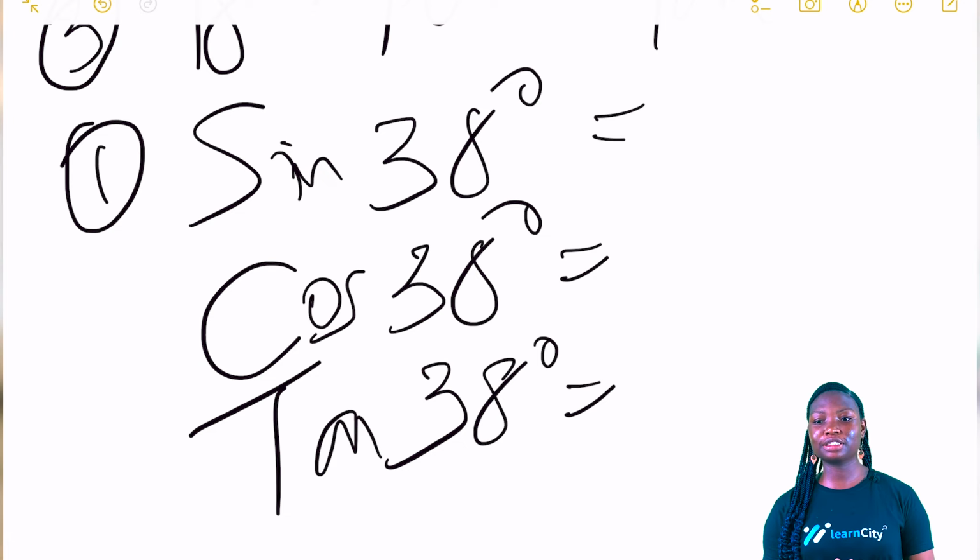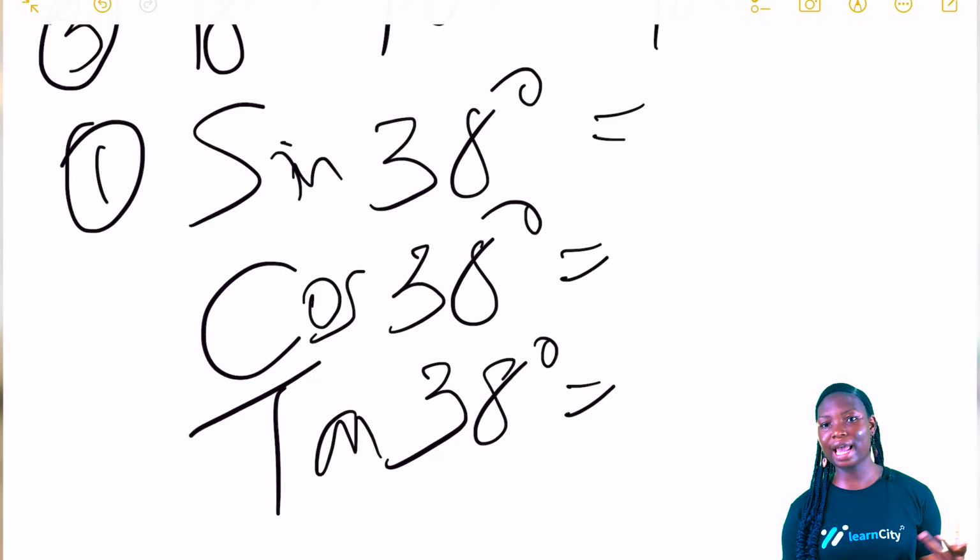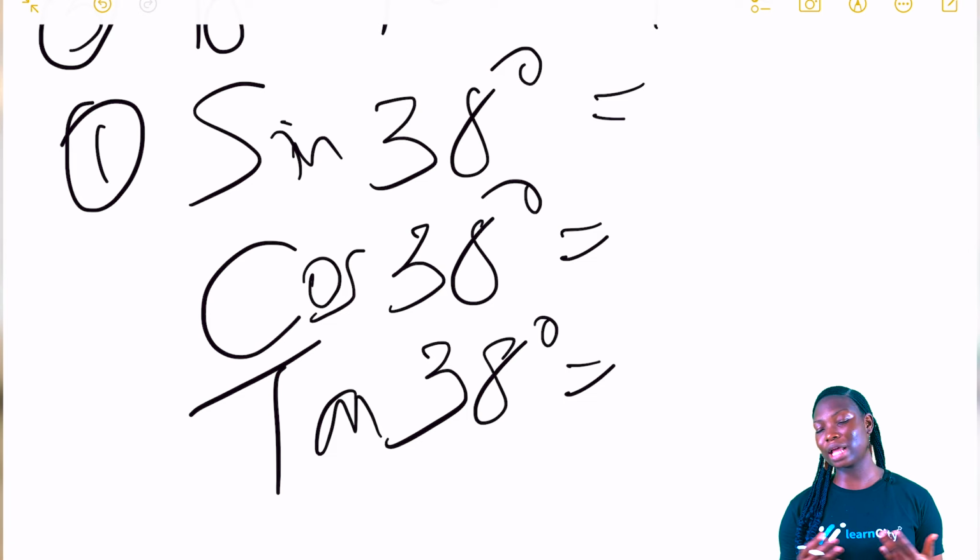Now, it is important to know that the mathematical tables is a set of tables in which the sine table, the cos table, and the tangent table are found in it, in which we can find the numbers of these angles. Now, it is basically popularly known as the four-figure table.